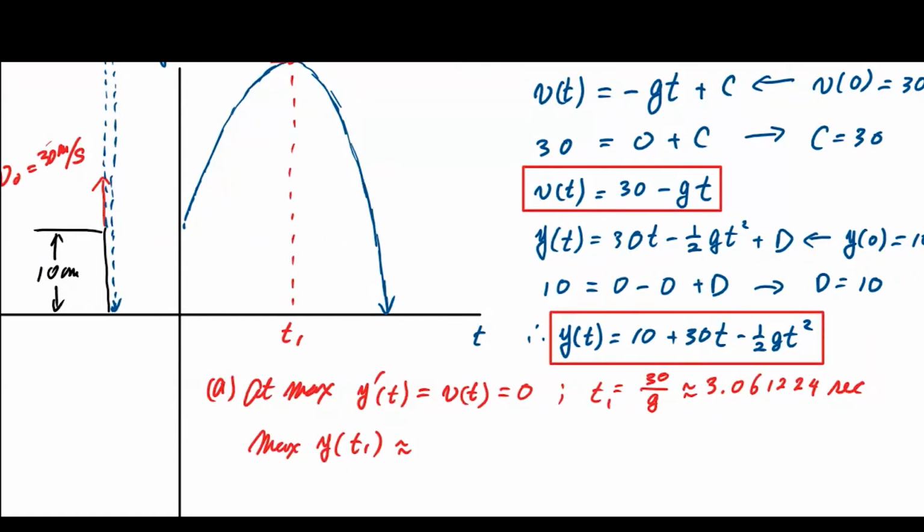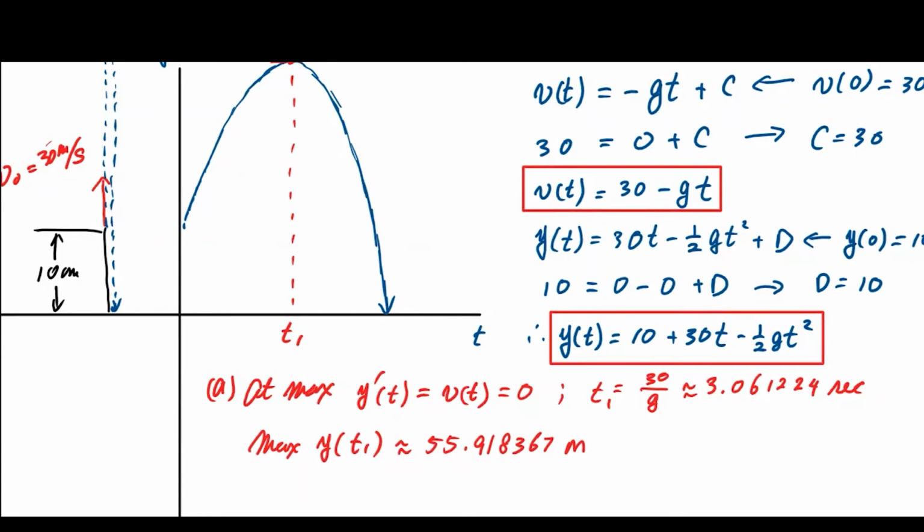Good? Alrighty then. And you're supposed to get, let's see, 55.918367. Any questions so far? Are we good?